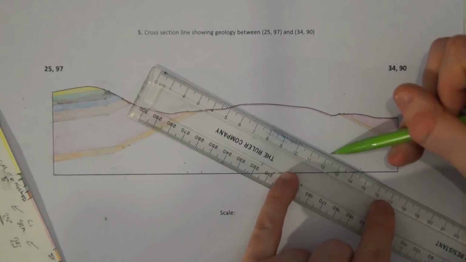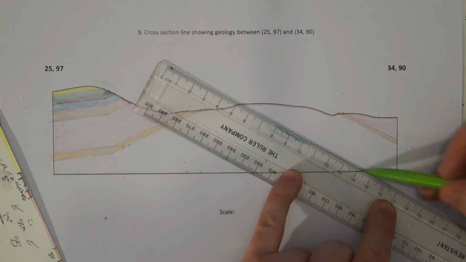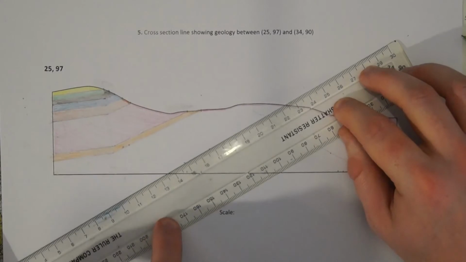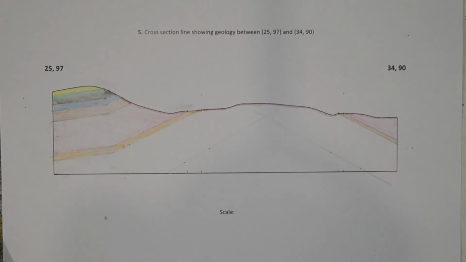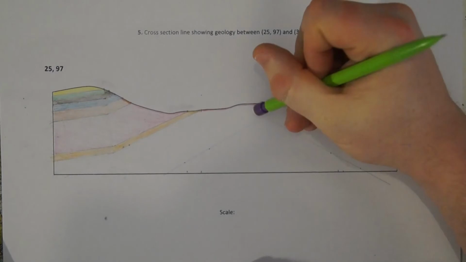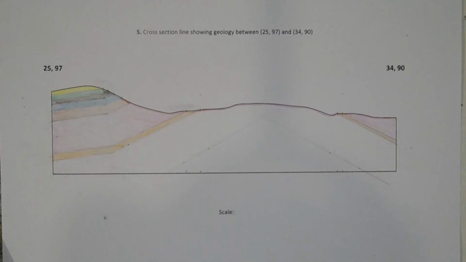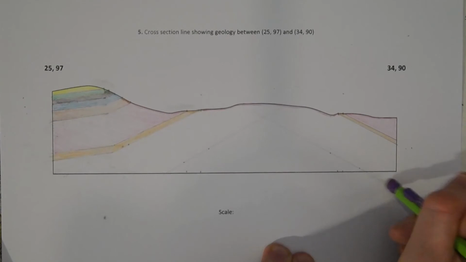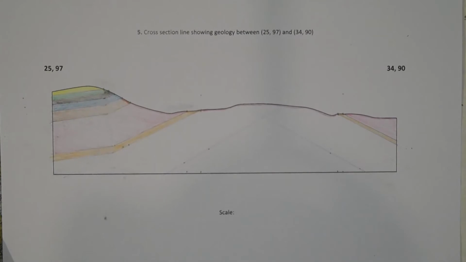And then what I'm going to do is very faintly draw an interpreted bedding plane like so. So maintaining a constant and realistic stratigraphic thickness, I've interpreted this to be the approximate or interpreted position of those Silurian rocks that would exist beneath our Devonian rocks.